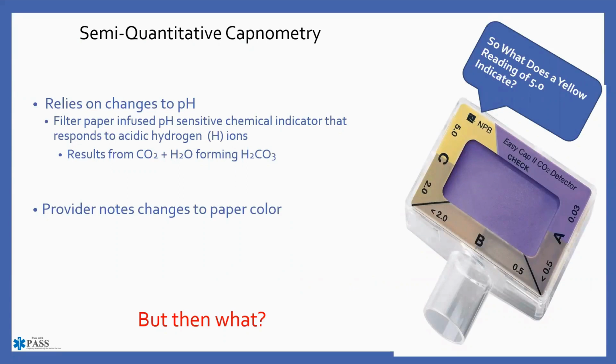So I think that most of us are pretty squared away or dialed in now with intubating a patient, putting them on capnography, looking at the waveform and saying, yes, my tube is in.